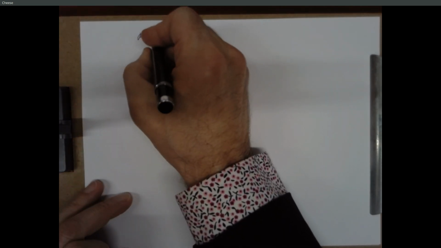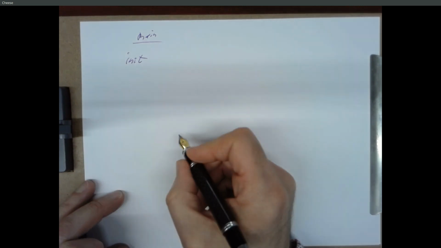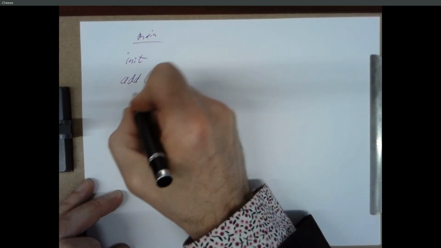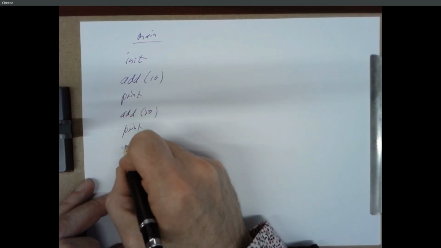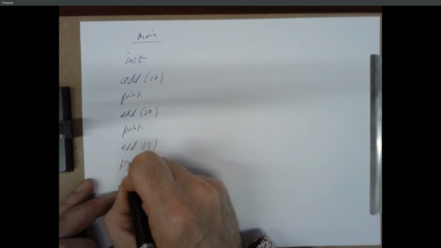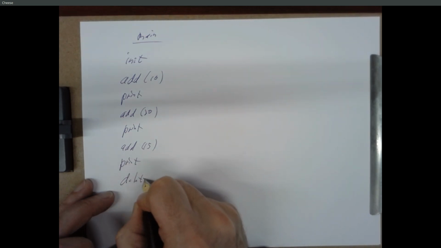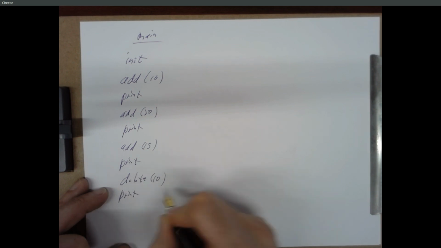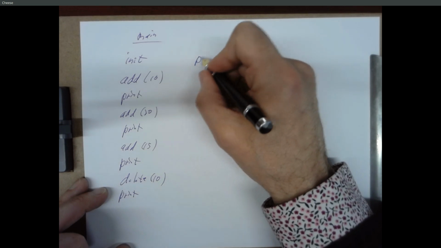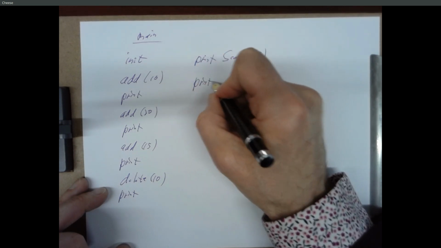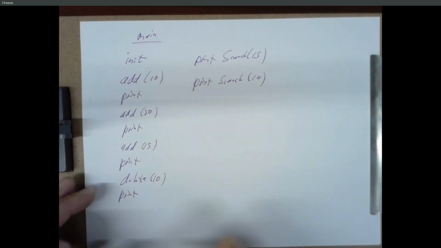And you don't need a main program from PA1 to do any of this testing. Your main program can basically say, do your init, add a 10, print, add a 20, print, add a 15, print, delete a 10, print, search for 15 and print the return value of it, search for a 10 and print the return value of it, and so on.